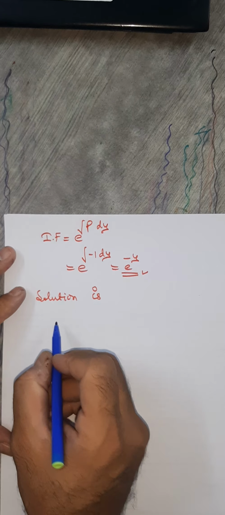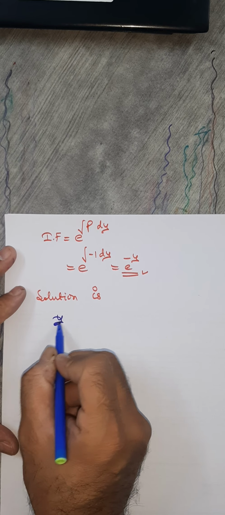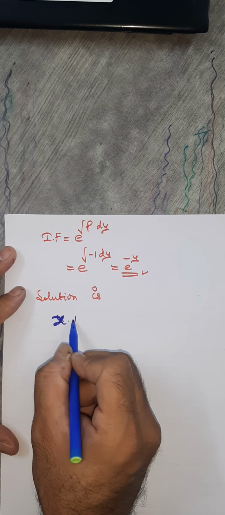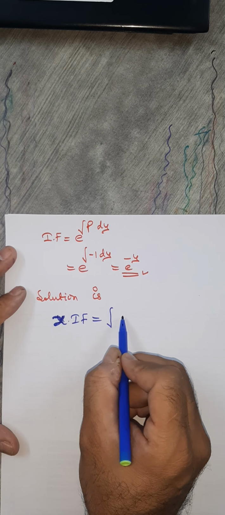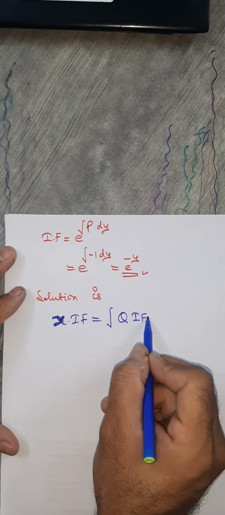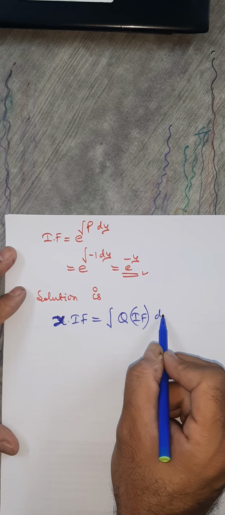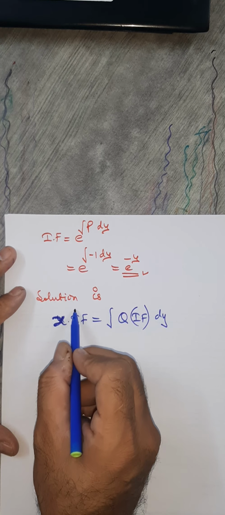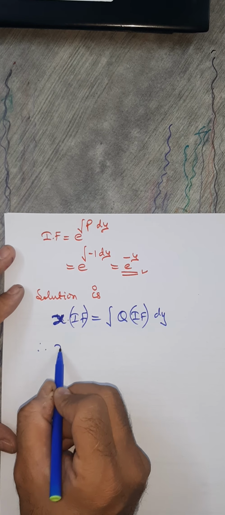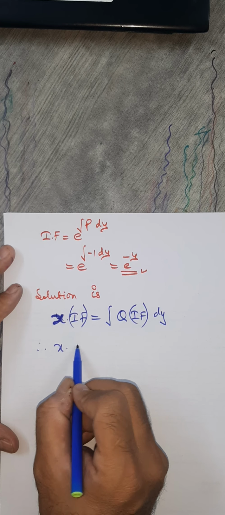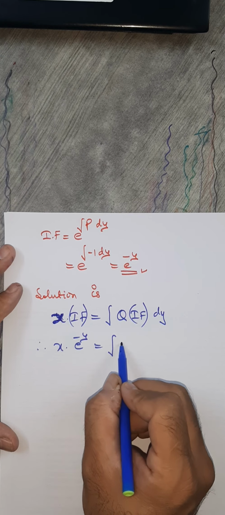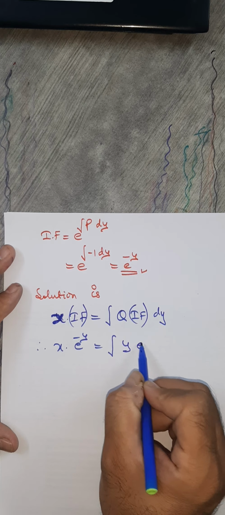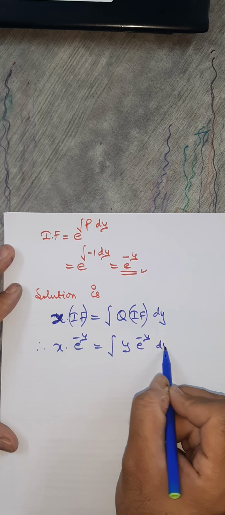Just recall, x into integrating factor equals to, inside the integral, q into integrating factor into dx, so here dy. Place the value, x into integrating factor, e raised to minus y. Q, what was q? That is y. E raised to minus y dy.